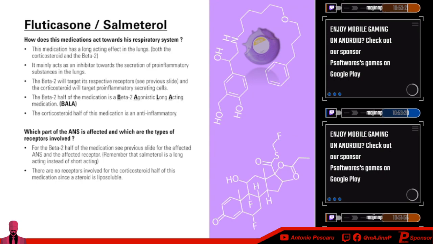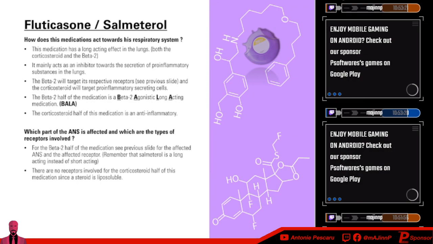That's going to be the job of our corticosteroid. And then the beta 2 will target its respective receptors. I'm not going to get into how the beta 2 acts since I've already explained it in the previous slide. So we're going to jump straight to the corticosteroid part, whereas the corticosteroid will target pro-inflammatory secreting cells.